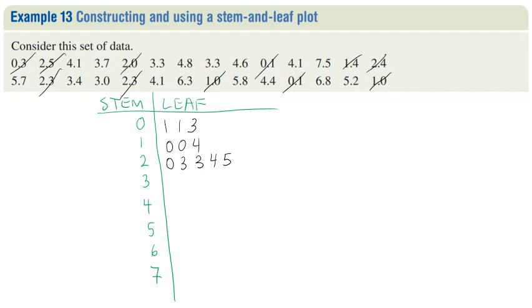Then on to the 3s, we've got 3.0, 3.3, 3.3 again, 3.4, 3.7, and I think that's all. Then on to the 4s, we've got 4.1, 4.1, 4.1, 4.4, 4.6, 4.8.